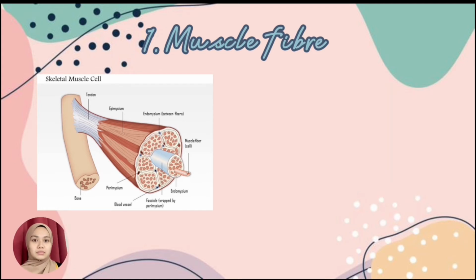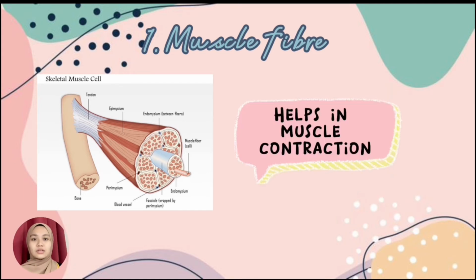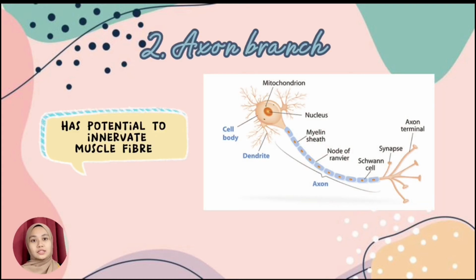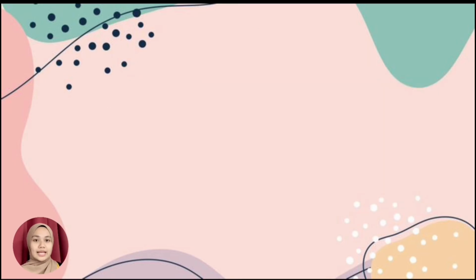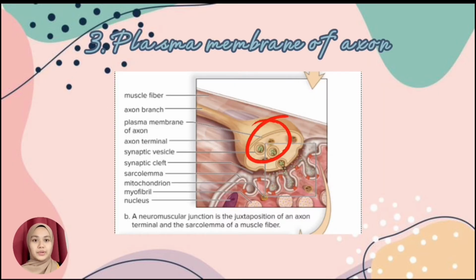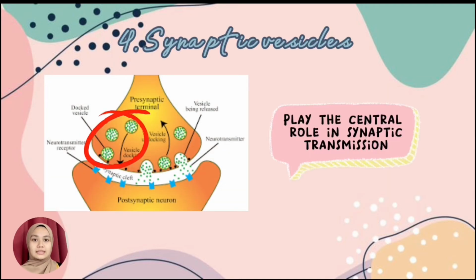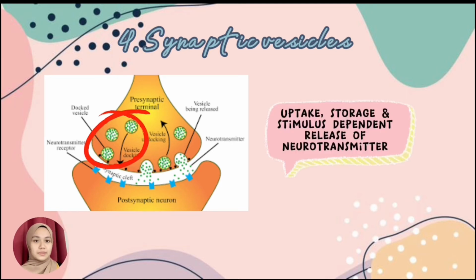The muscle fiber also helps in muscle contraction. Next, we have axon branch. The axon branch has potential to innervate the muscle fiber. And the third one is plasma membrane of axon. We also have synaptic vesicle, which plays the central role in synaptic transmission. It also handles uptake, storage, and stimulus-dependent release of neurotransmitter.